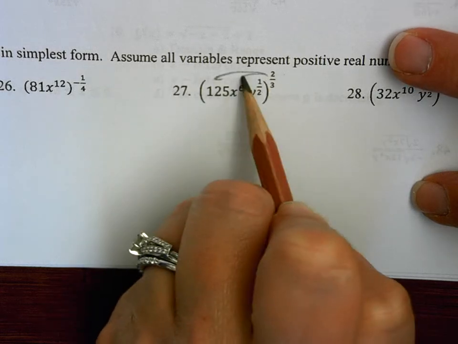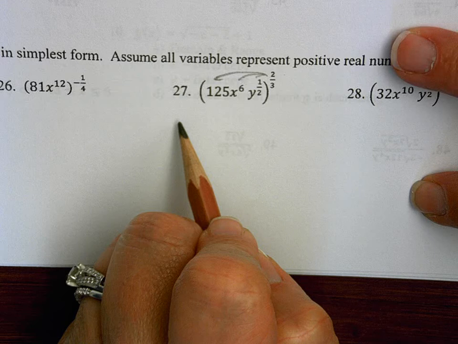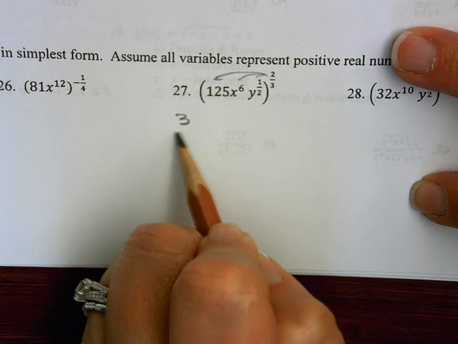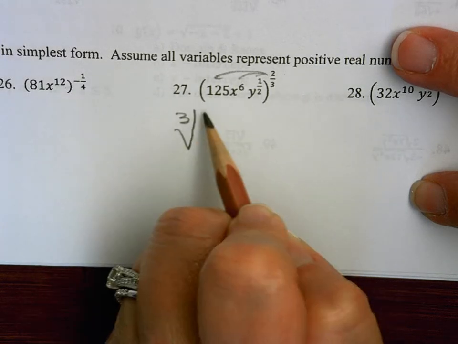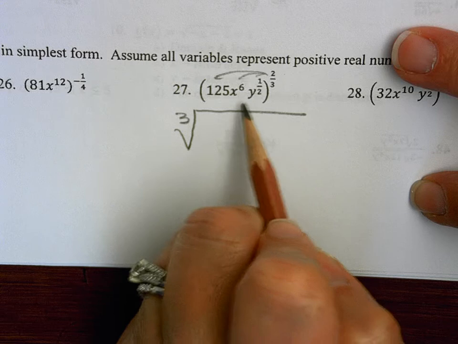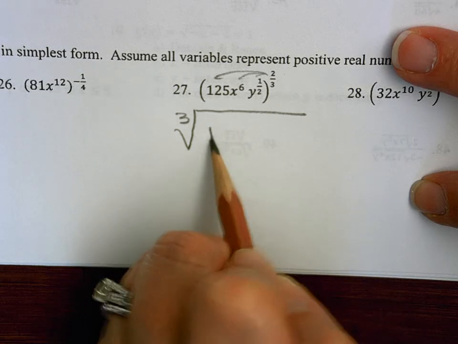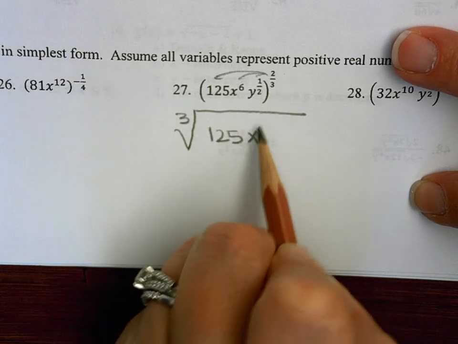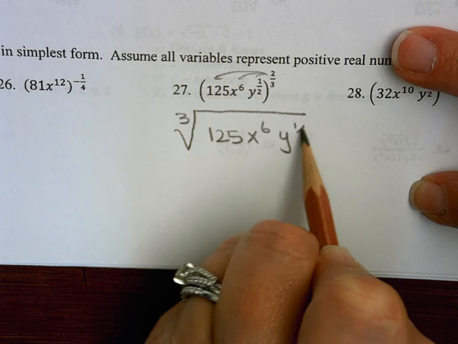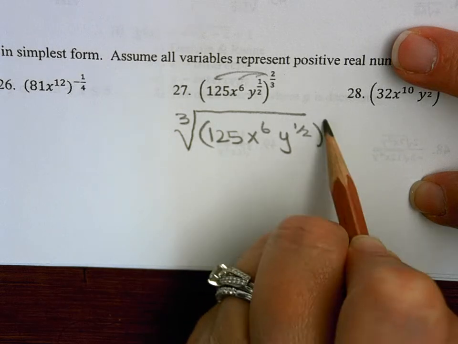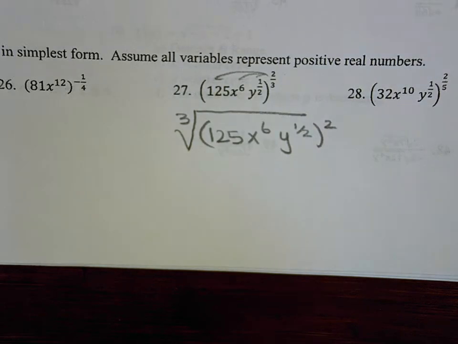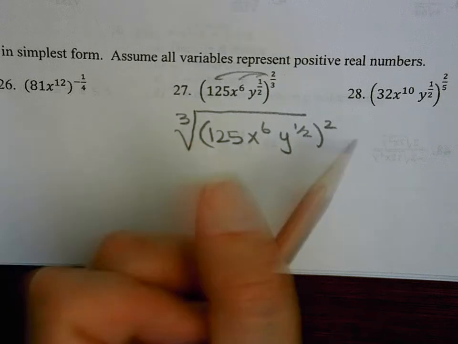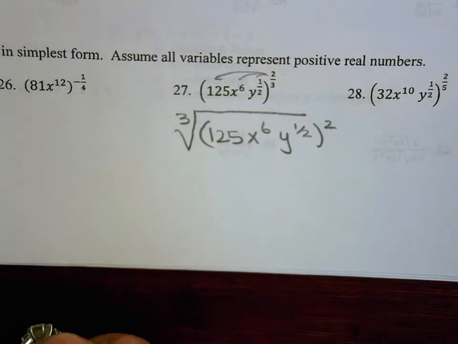Just kind of distribute that in first here. So I would have the cube root, actually I'm not going to distribute it in, sorry, cube root of all of this and then squared. Okay, so I have the cube root of all of that squared.